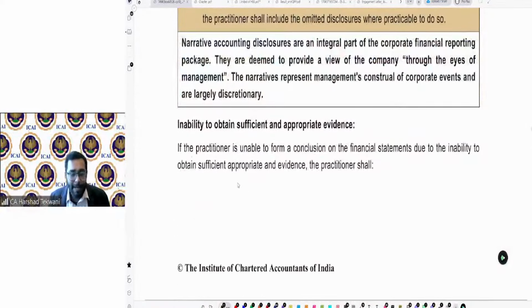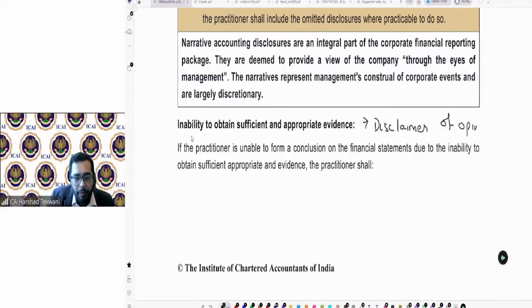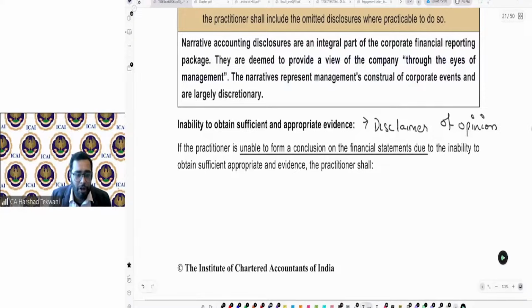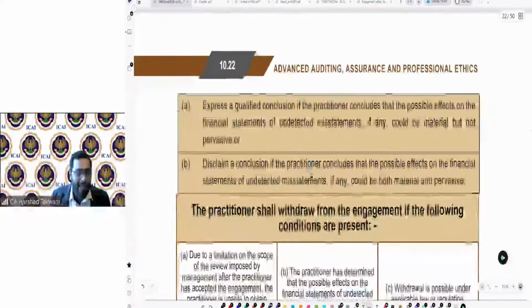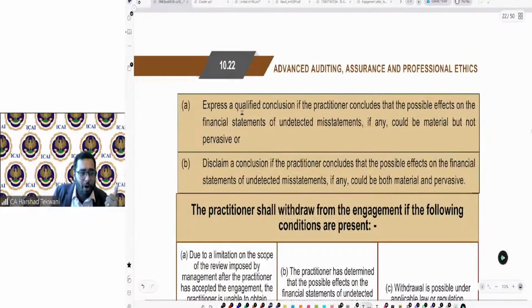Now, the next part is when you are not able to obtain sufficient and appropriate audit evidence, when you want to issue a disclaimer of opinion. Okay, if you are unable to form a conclusion on the financial statement due to inability to obtain sufficient and appropriate audit evidence, in that case, either express a qualified conclusion if the misstatement is material but not pervasive.